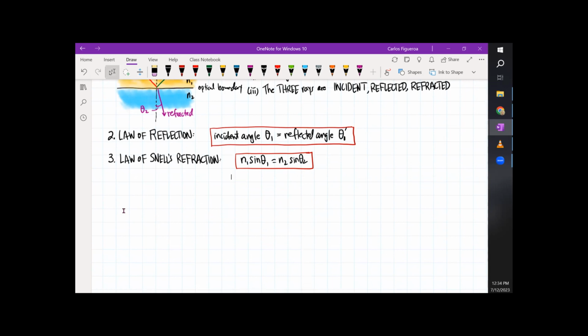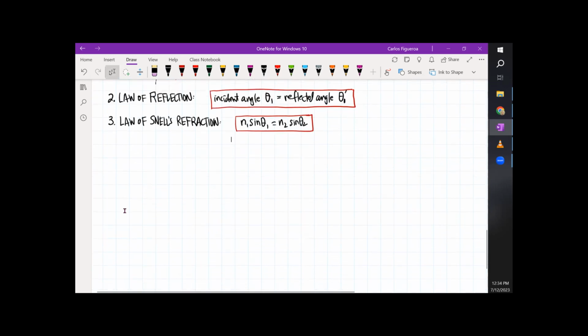So now we want to look at the interpretation of the index of refraction.